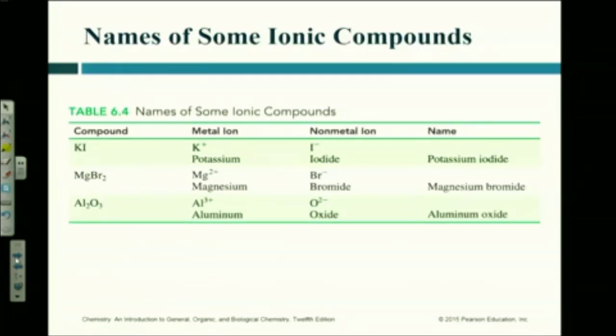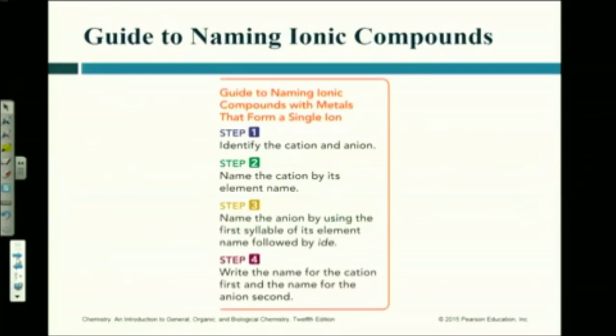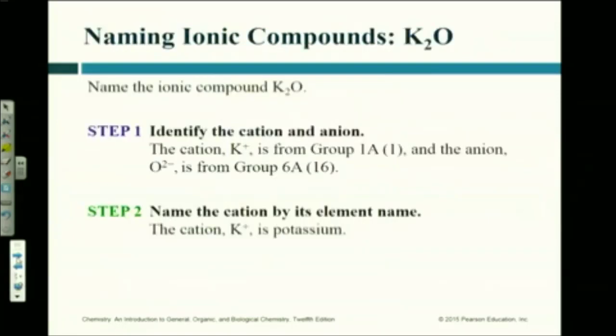Let's work on naming this one right here. Same one up here. What's the name of this? Number one, is it an ionic compound? Yes, because this is a metal and this is a non-metal.